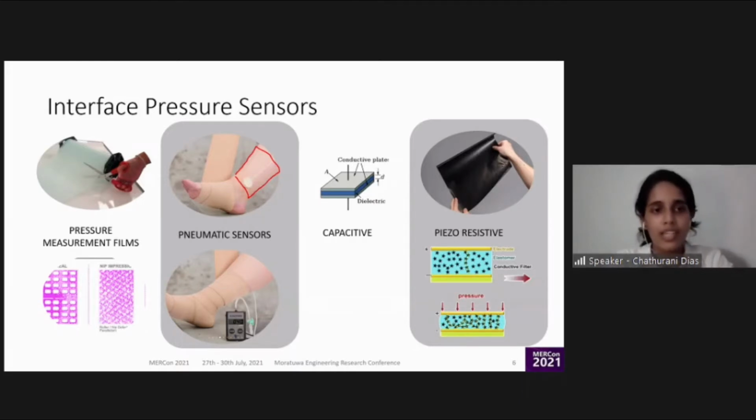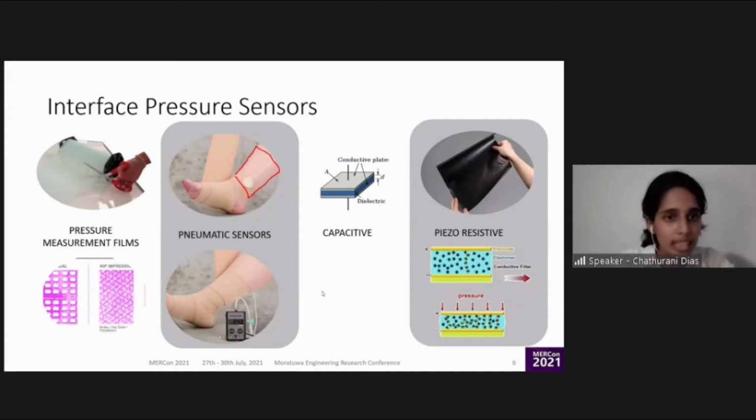This method is actually mostly used in measuring the interface pressures between machine parts that come together, such as sealing mechanisms. But researchers have actually tried to use this in trying to plot the plantar pressure as well.